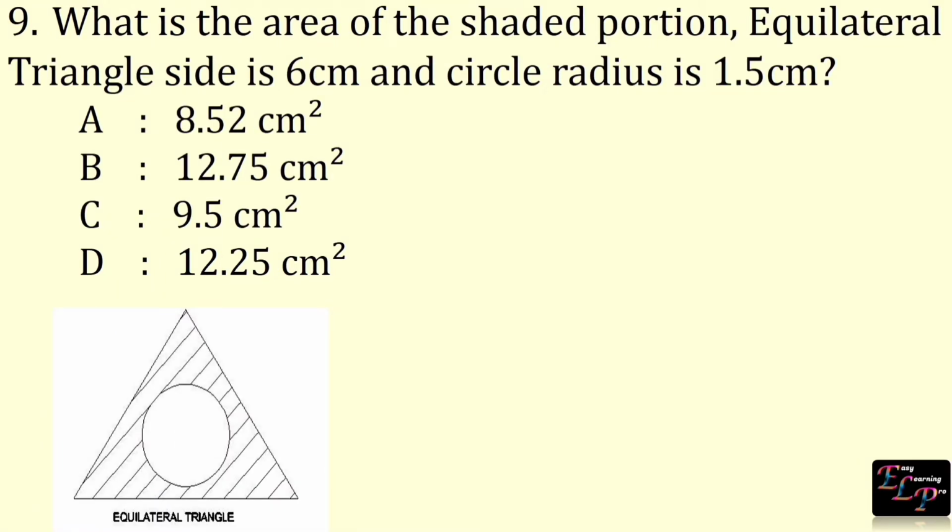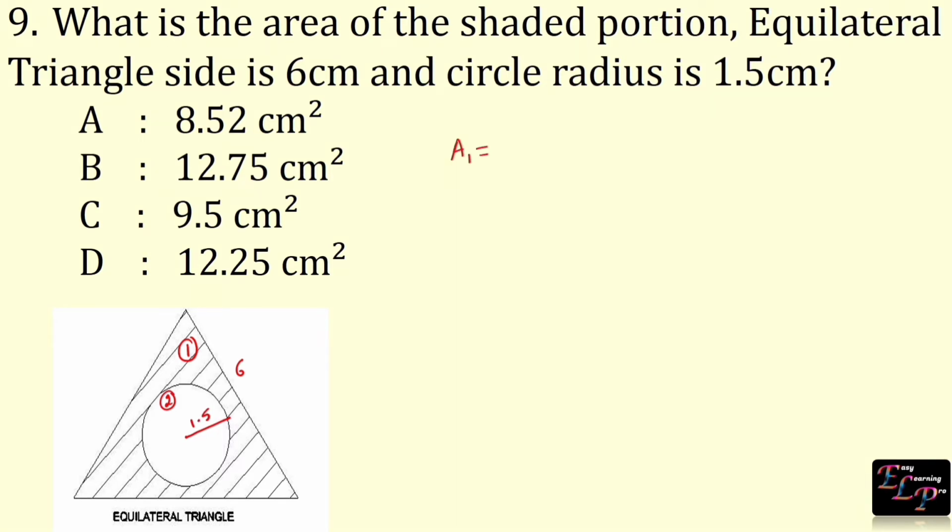What is the area of the shaded portion? Equilateral triangle side is 6 cm and circle radius is 1.5 cm. Here we have 2 shapes, equilateral triangle and circle. Side of equilateral triangle is 6 cm and radius of circle is 1.5 cm.